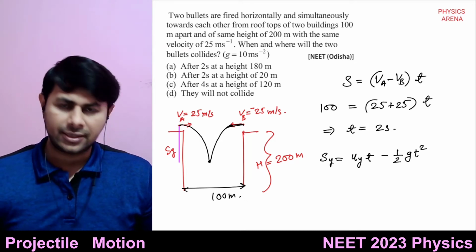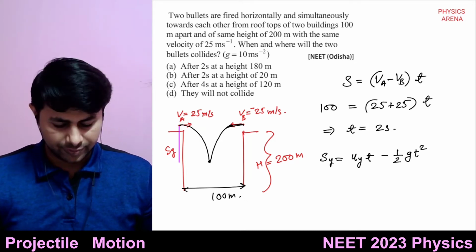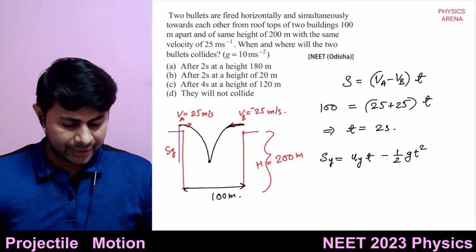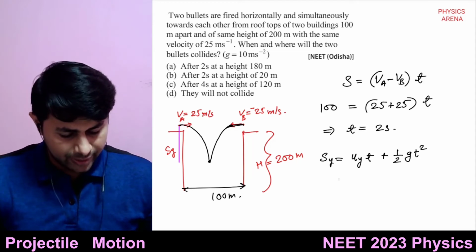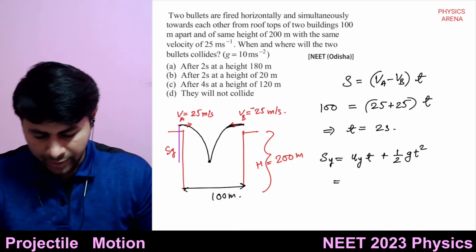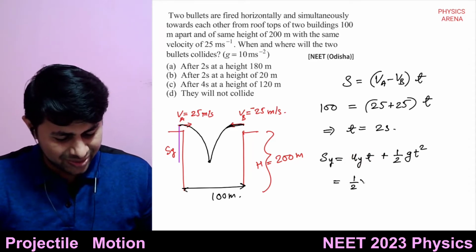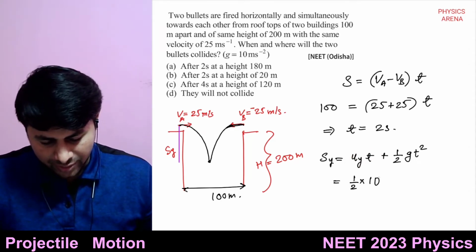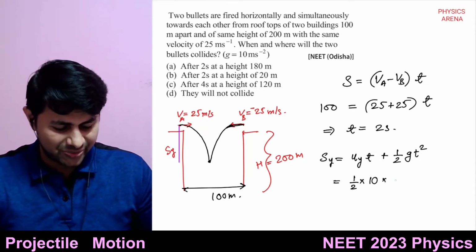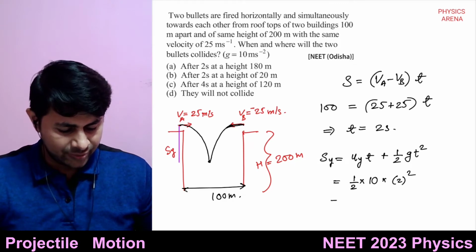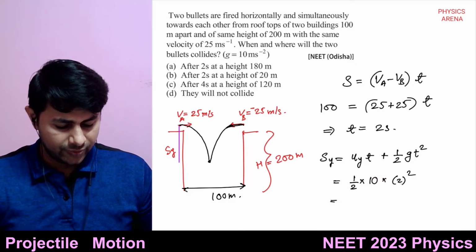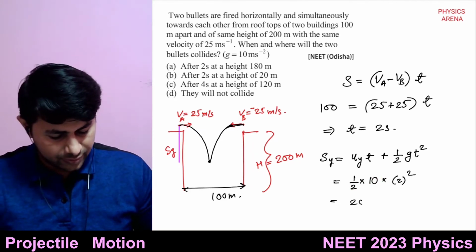So it is minus half of gt square. Or if we just want the magnitude, let's keep plus half. So uy is 0, this thing will be 0. It is half of gt square, so half of 10. g is given as 10. Even if it is not given, we'll take it as 10 for simplicity. So 10 by 2 is 5, 5 times 4, 20. 20 meters.